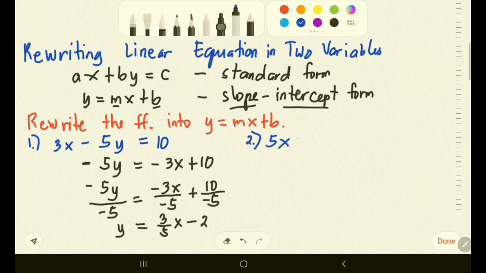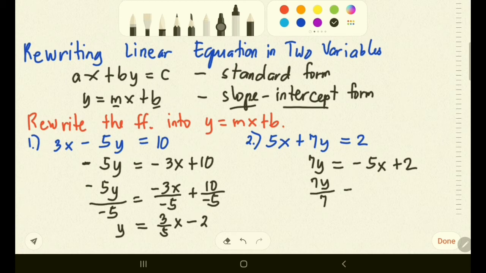Let's have another example. 5x plus 7y equals 2. Same thing. You leave 7y and then transpose 5x. That becomes negative 5x plus 2. And then simplify. You need to obtain y, so divide both sides by 7.